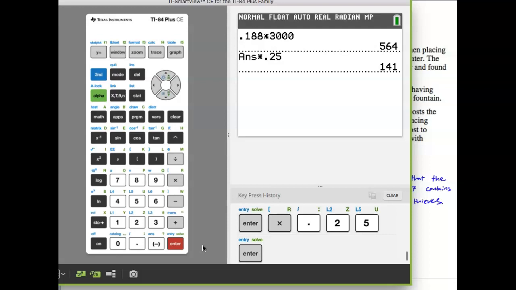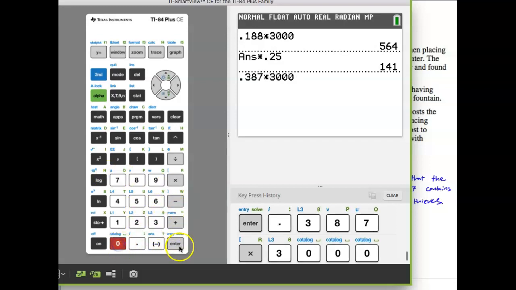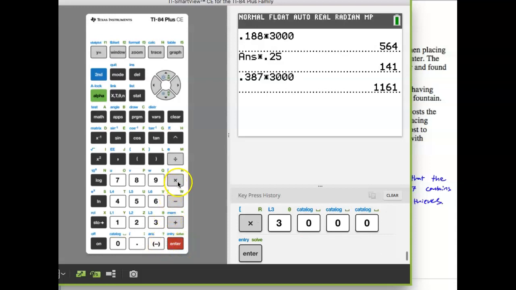Everybody follow that logic? Can you guys figure out what the upper boundary would be on how much money we lost? So the upper proportion was 0.387. Times 0.25. So 290.25.